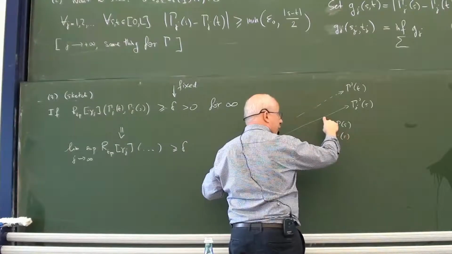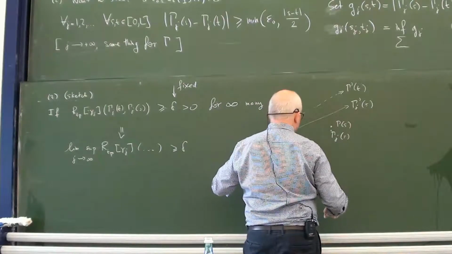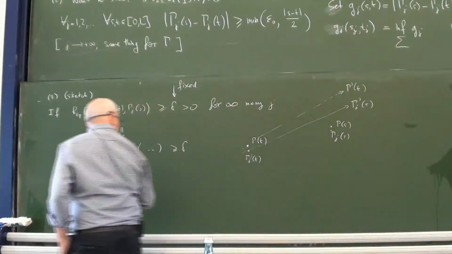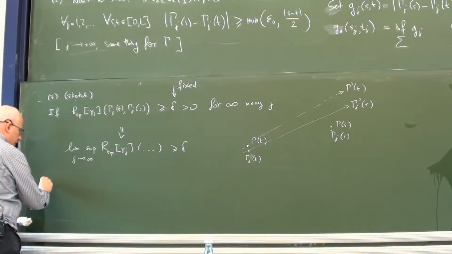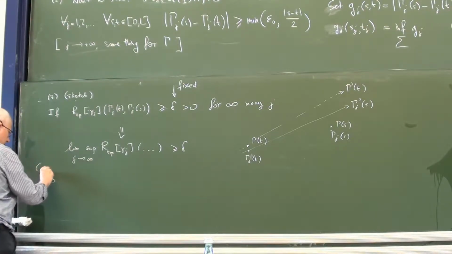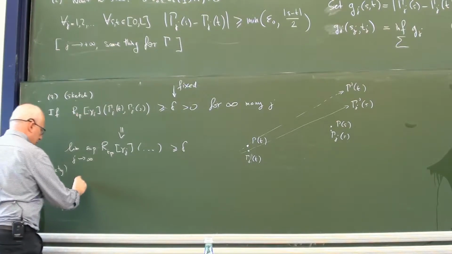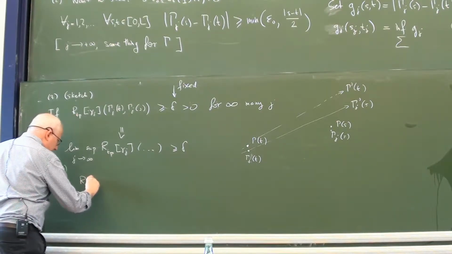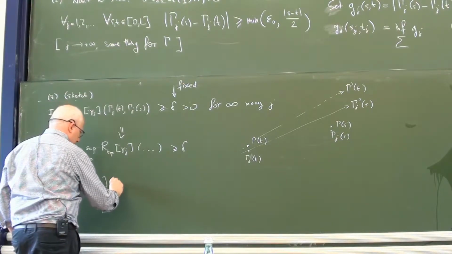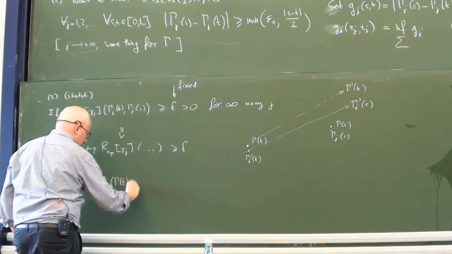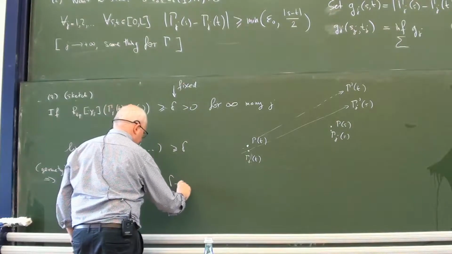Gamma j of s is far away from this affine line, and therefore it's elementary geometry, and I will not play with the constants, not try to make this very precise, but you can prove using geometry that the RTP of the limiting curve gamma at gamma of t and gamma of s is at least delta minus epsilon.